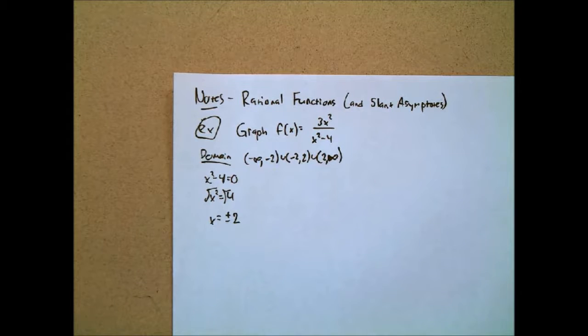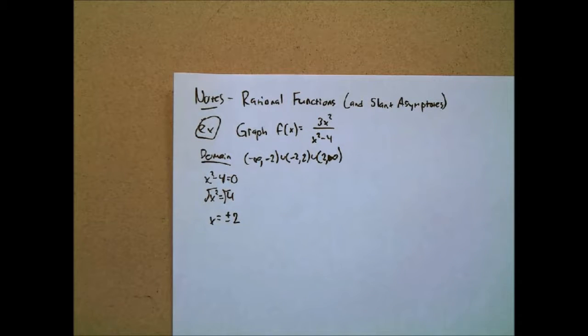Those two domain restrictions, positive 2 and negative 2, we have to determine: are they vertical asymptotes or holes? Remember, if it's a vertical asymptote, it will make our function undefined. That is, we'll have a non-zero number in the numerator and 0 in the denominator. If we plug in positive 2 or negative 2, are we going to get 0 in the numerator? No, we are not. But both give us 0 in the denominator.